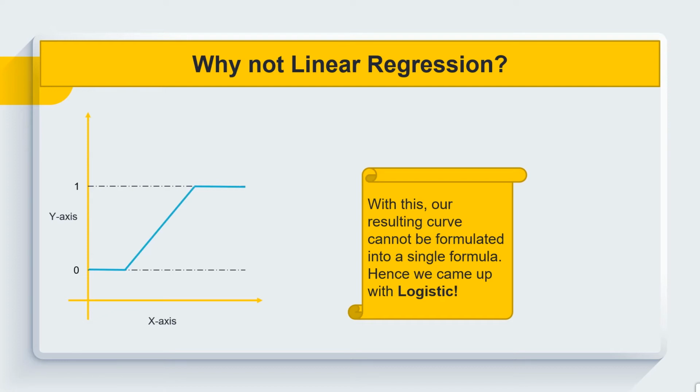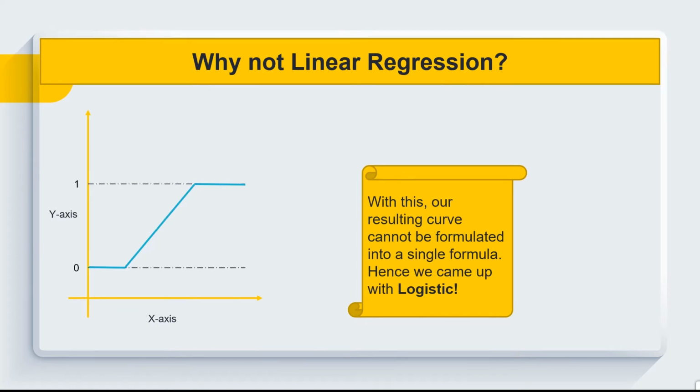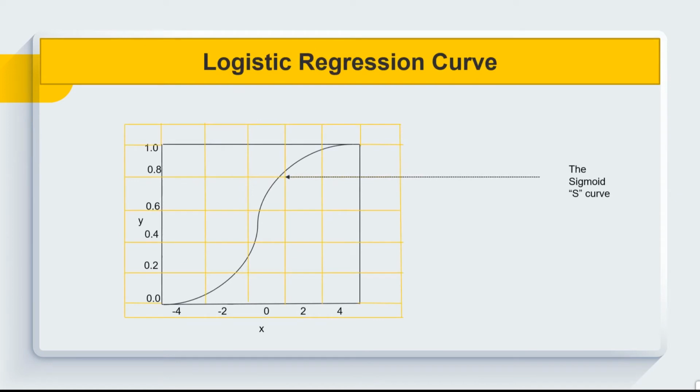Now here, once it gets formulated into an equation, it looks somewhat like this. So guys, this is nothing but an S curve, or you can say a sigmoid function curve.